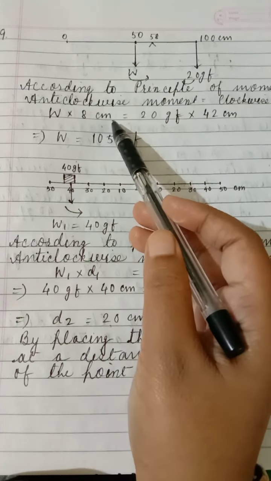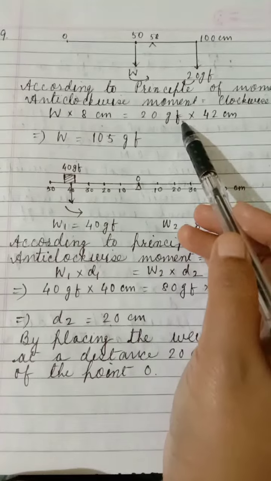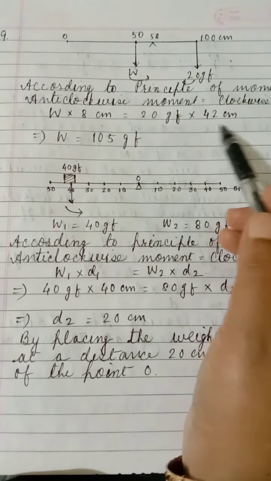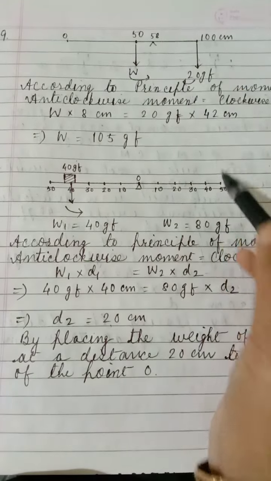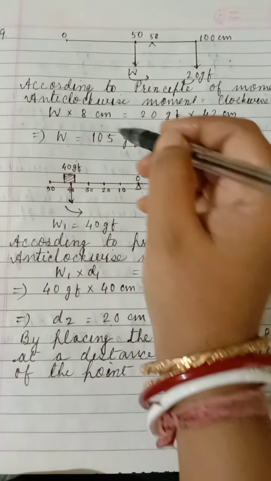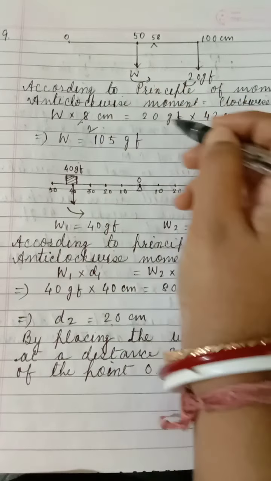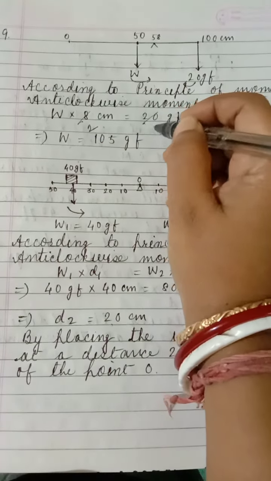So W into 8 centimeter equals 20 GF into this distance, which is 42 centimeter, 100 minus 58. Now if we cancel it, 4 twos are 8 and 4 fives are 20.